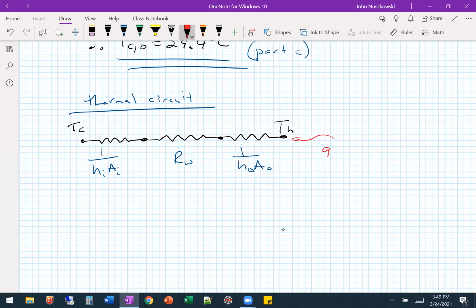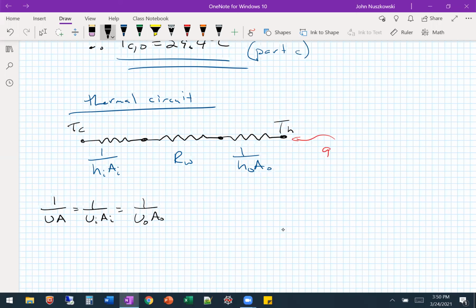I'm going to use one of the equations they have in the chapter that helps with a more generalized case. So if we look at 1 over our overall convection coefficient times area, that's the same as the inner surface area and the inner overall convection coefficient, or the outer, right?